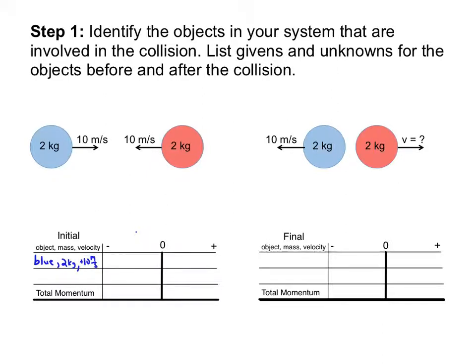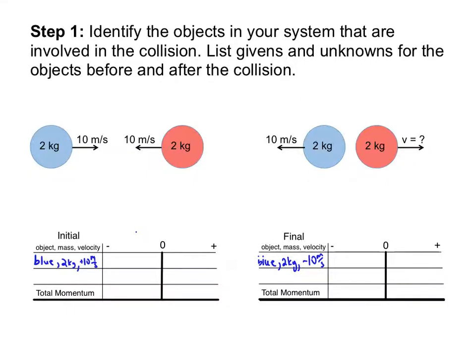And in the final case, blue still has a mass of 2 kilograms, so I'll put that in. And this time its final velocity is negative 10 meters per second. Now, momentum is a vector, so the directions are going to matter. So these positive and negative signs for the velocity definitely matter for getting the problem correct.